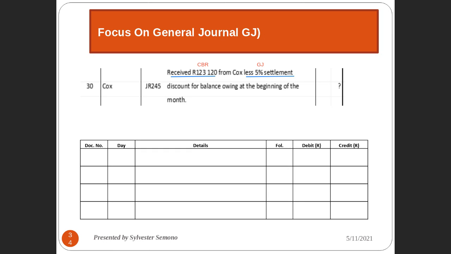Guys, we are about 59 of us. I want you to write the answer that you found. Please calculate the discount for me. I want to see your discount displayed on the chat now. I want to see everyone. You must calculate. Otherwise, I'm going to call you by name and you're going to tell me how much is your answer. Okay, I can see 6156. Let me see others. 6156, 6156, 6156.